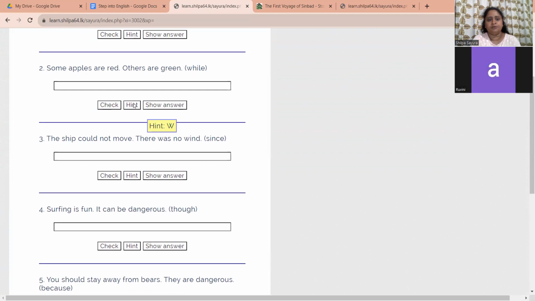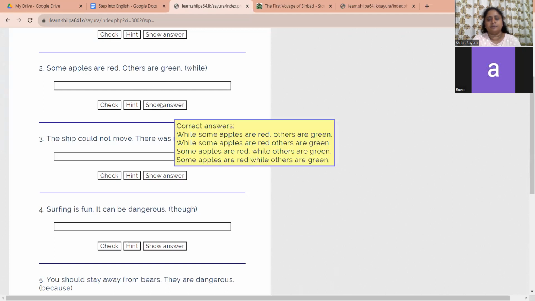Yes, let me show you a hint. Some apples are red while others are green. If not, you can take the conjunction first. While some apples are red, others are green.